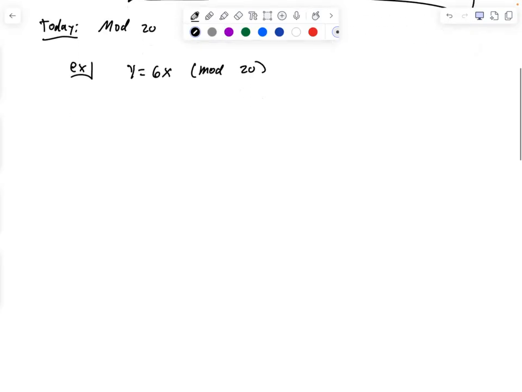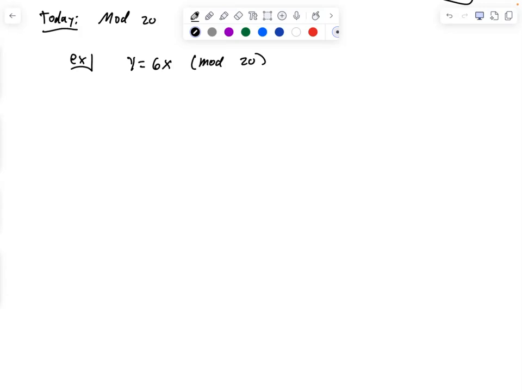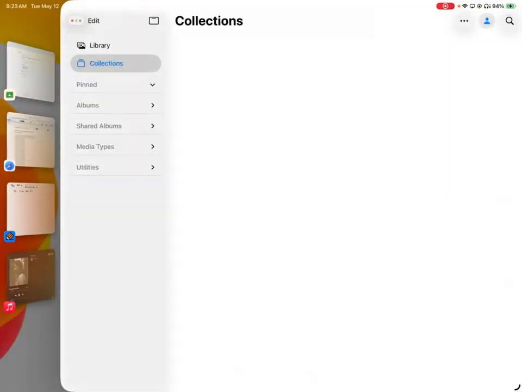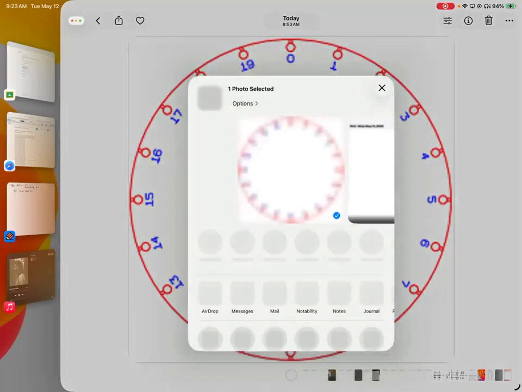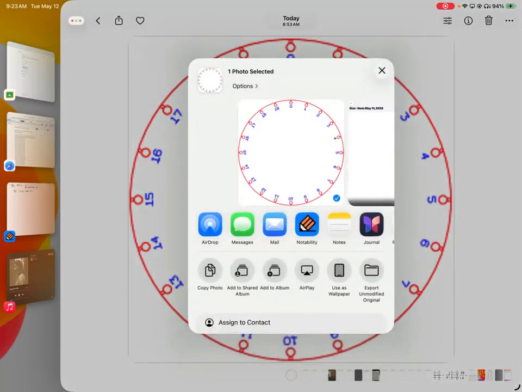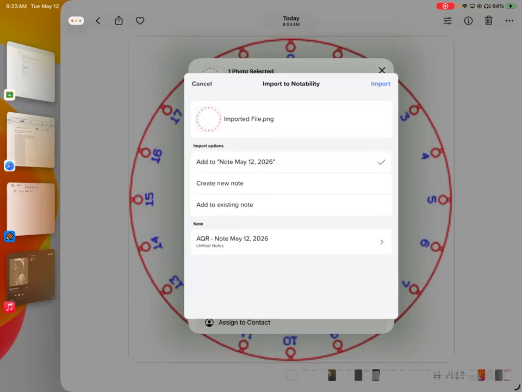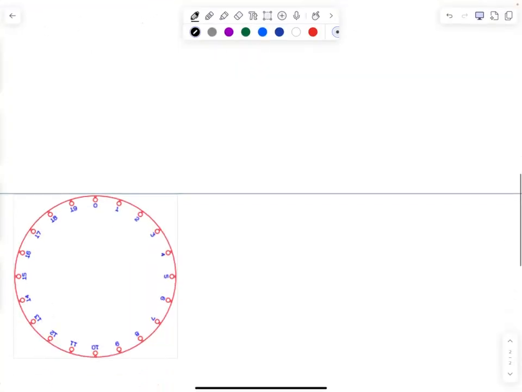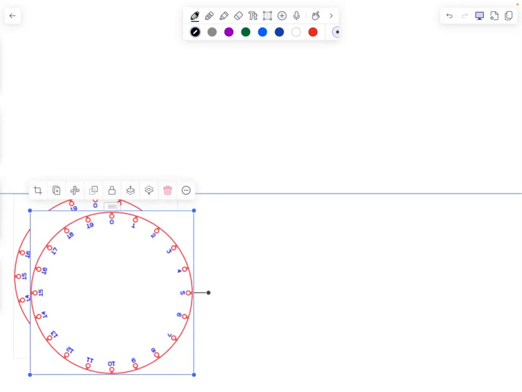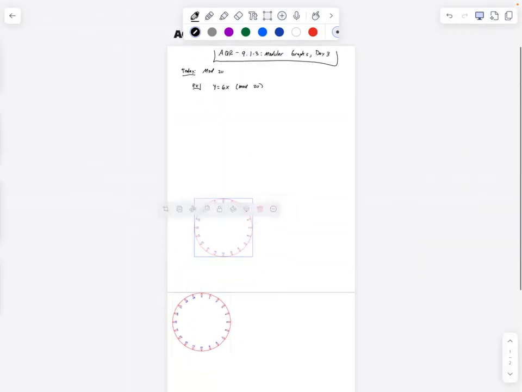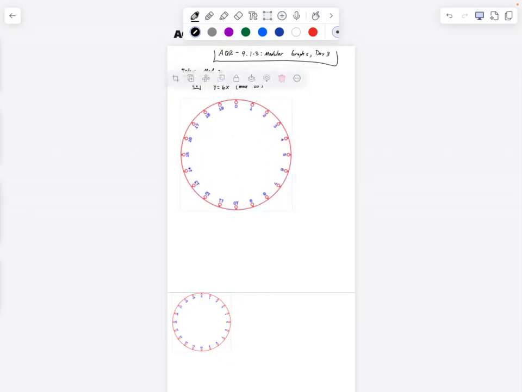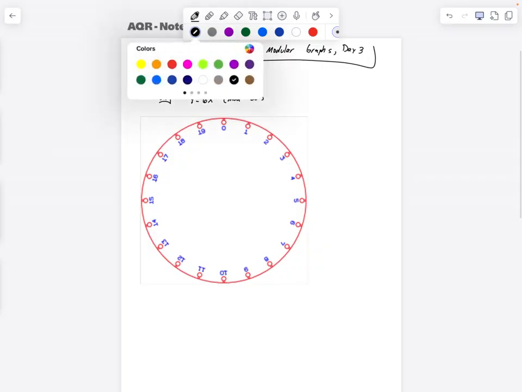I didn't provide the table, so we're going to make a table.